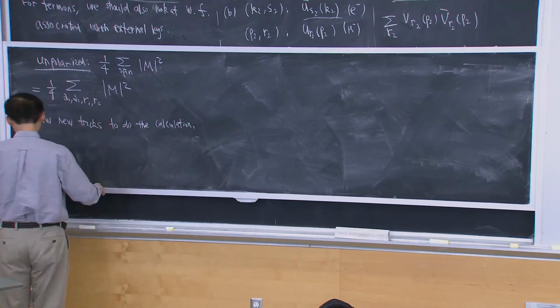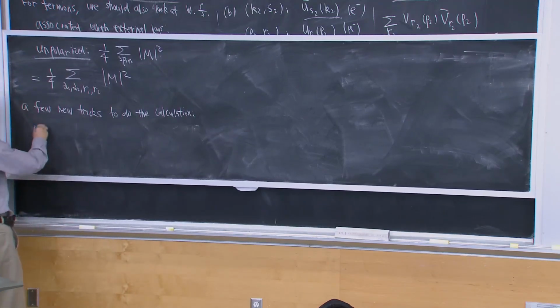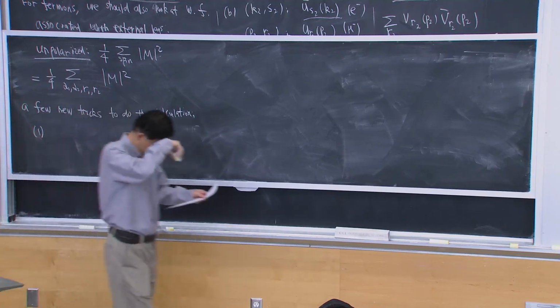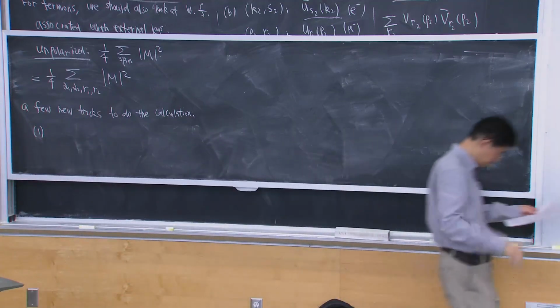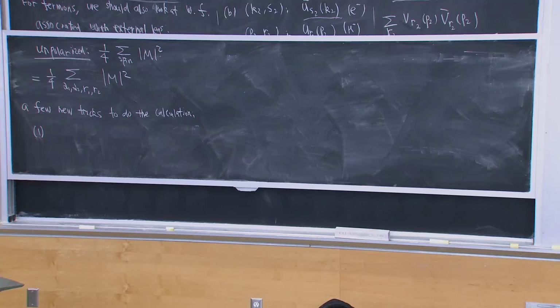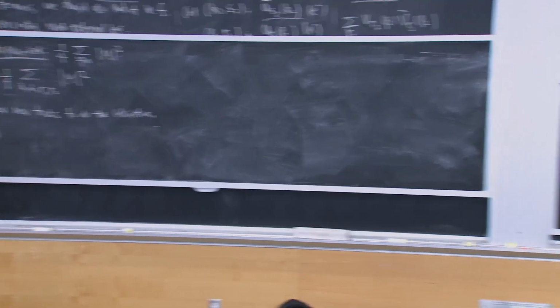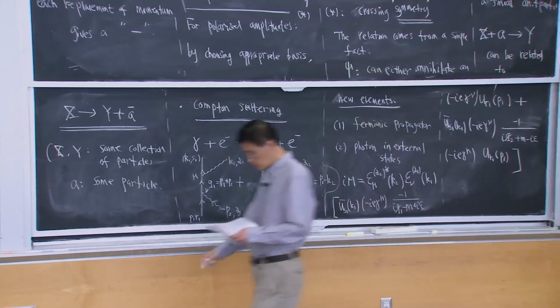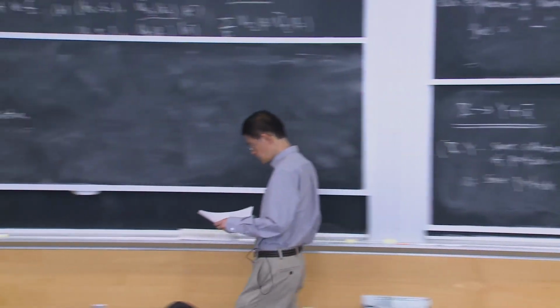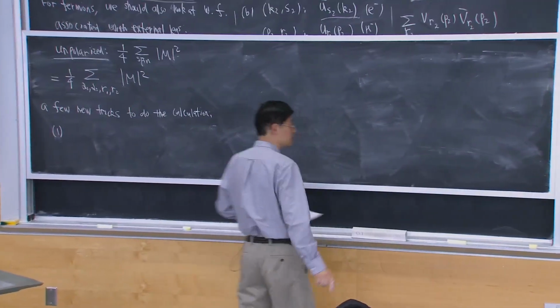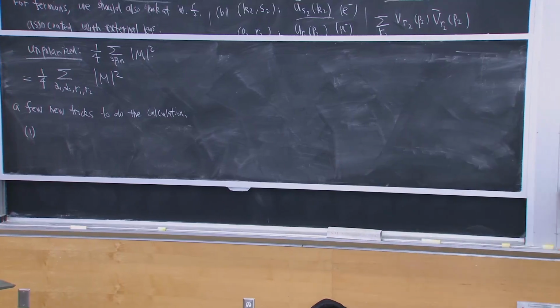So the first trick is how you treat this fermionic propagator. We can rewrite it, since this is the inverse of a matrix.